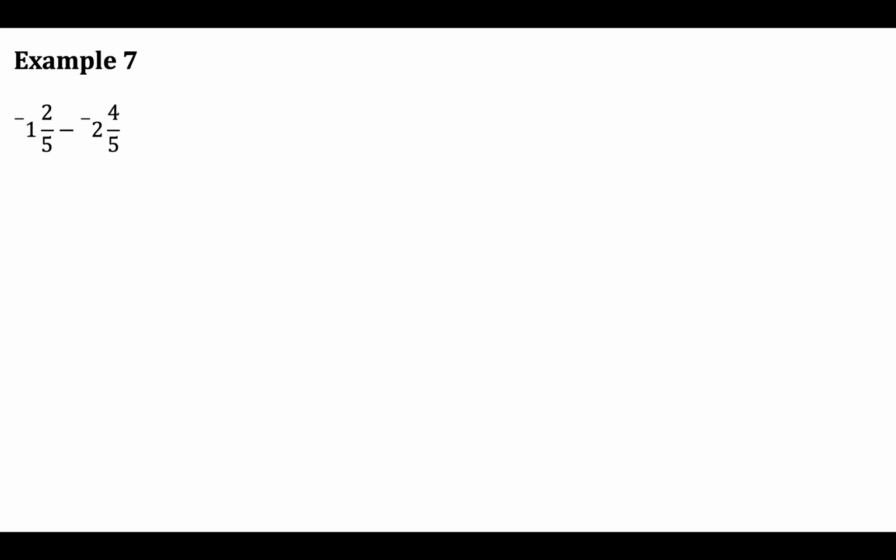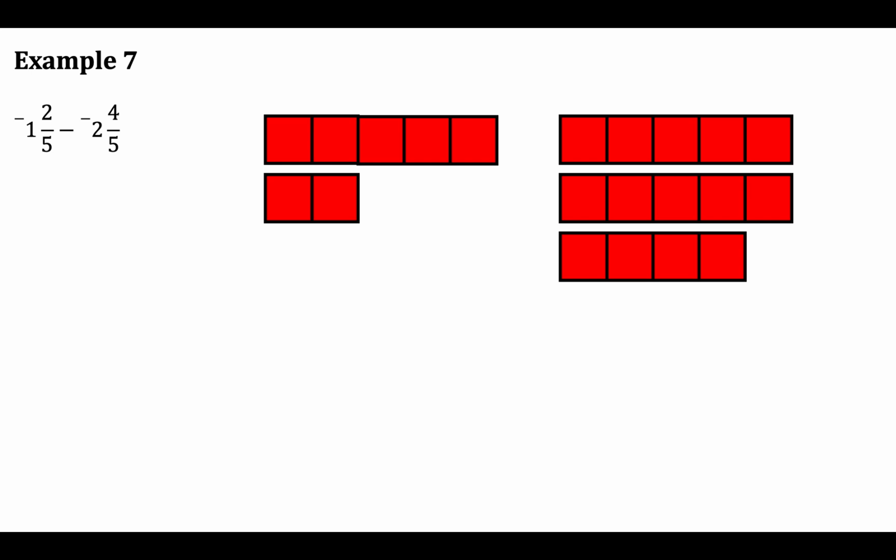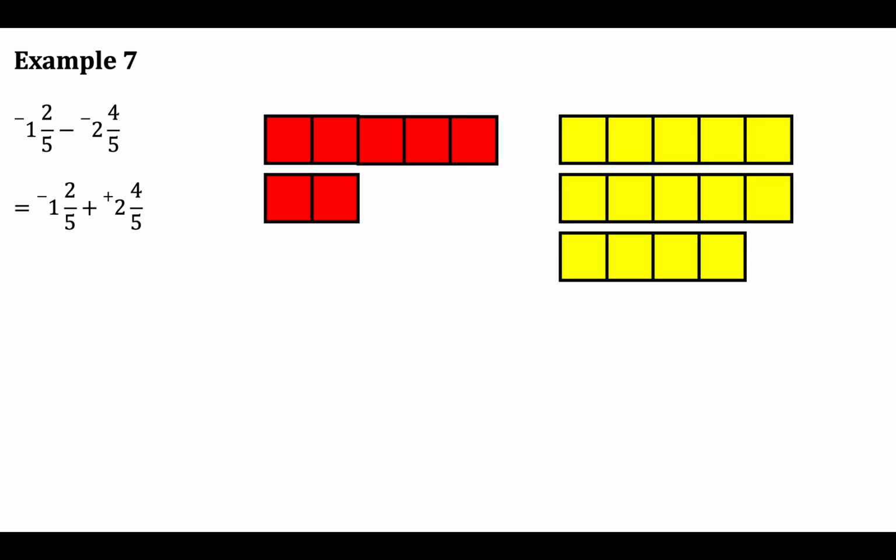Example 7, so this time we've got negative 1 2/5 minus negative 2 4/5. Now we're subtracting, so again we know that means that we're adding the additive inverse. So the additive inverse of negative 2 4/5 is positive 2 4/5.